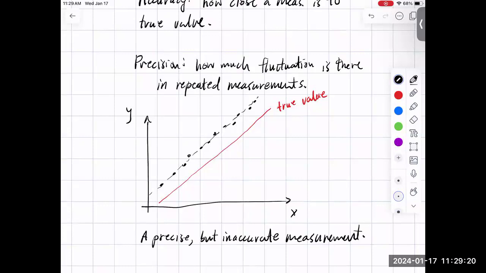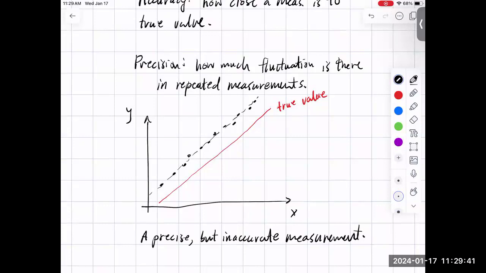Now, it's often the case that it would be hard to judge whether a measurement is accurate or not, because if I already knew the true value ahead of time, what's the point in doing the measurement? Why would I spend time measuring something when I know exactly what I'm supposed to get?